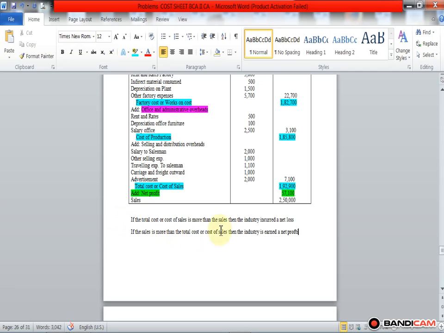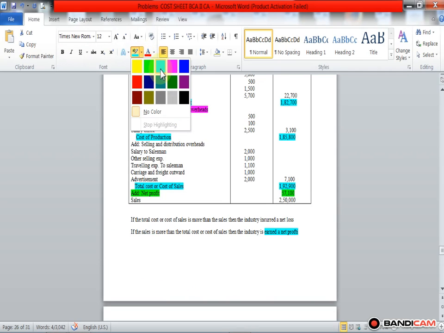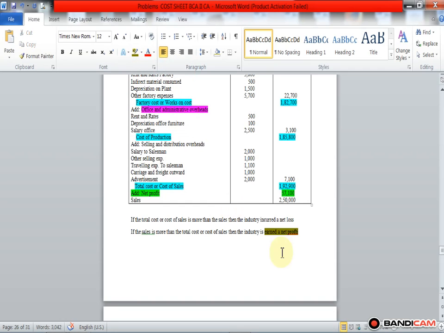So here in our problem, the sales is more than the total cost. Okay, so here the Moonshine industry has earned a net profit of rupees 57,100.